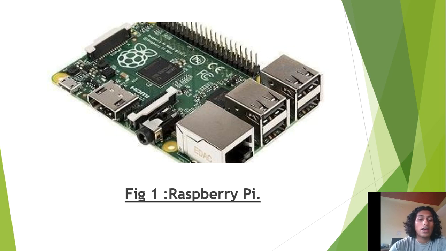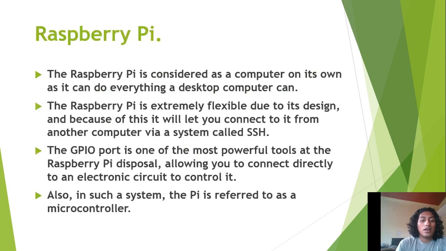First is Raspberry Pi. The Raspberry Pi is a processor. It is considered a small computer on its own, as it can do everything a desktop computer can.